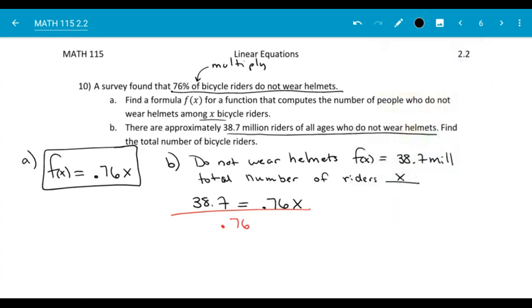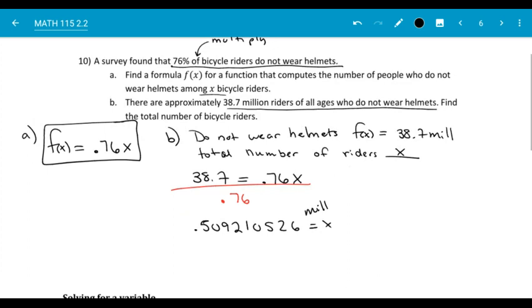So we take out our handy dandy calculator and put in 38.7 divided by 0.76 and we get back 50.92... let's go with that, 0.5092 10526 is our x value. But remember, that's going to be in millions.